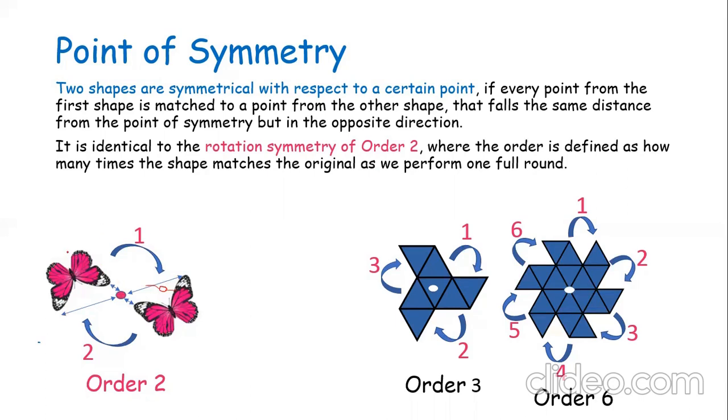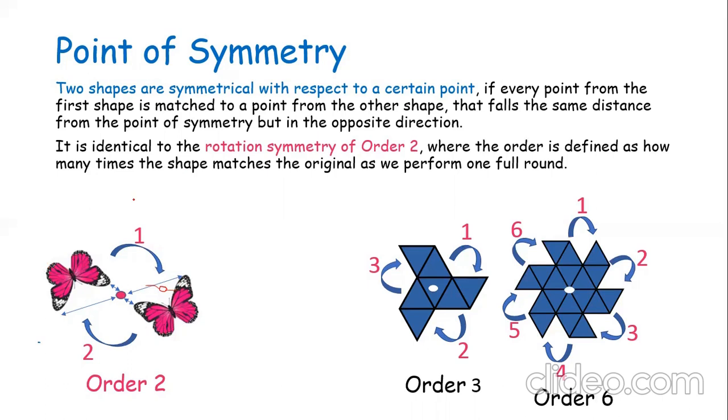So you can imagine it moving this way. Then after 180 degrees, it will fall exactly on the butterfly here. At the same time, as we do this 180 degrees rotation, this butterfly itself will fall on the first butterfly.